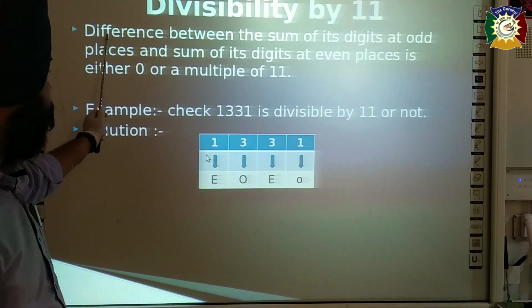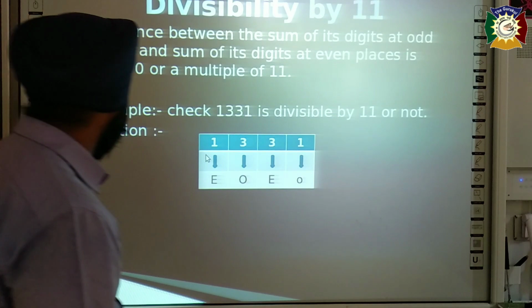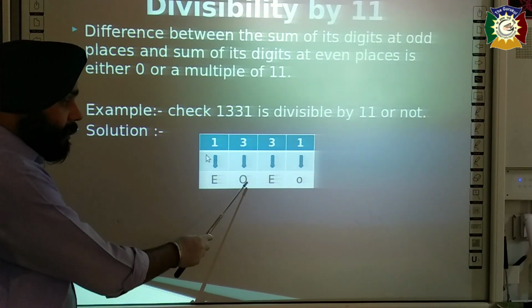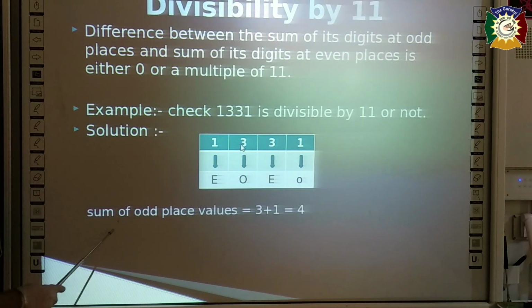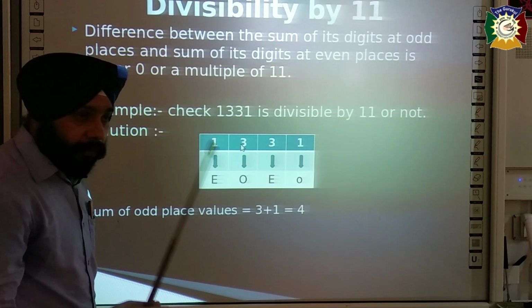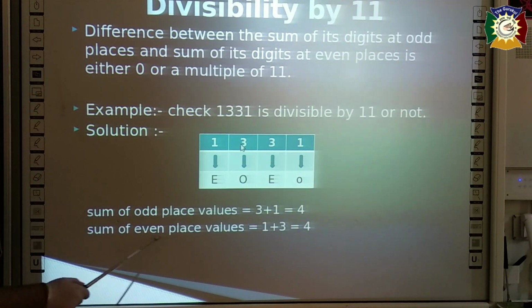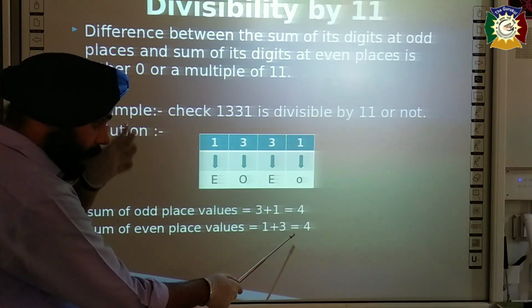Now look back: the difference between the sum of its digits at odd places. The odd places hold 3 and 1. Next slide. Odd place value sum is 3 plus 1 equal to 4. Now the sum of even place values, 1 and 3, is again 4.